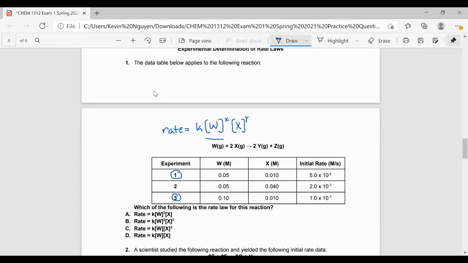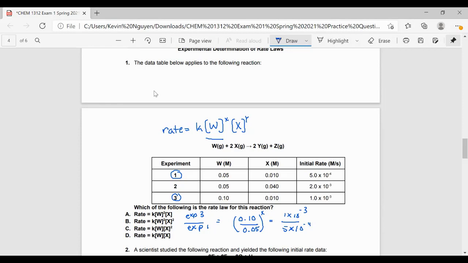It looks like it's going to be experiment 1 and experiment 3 for me. So we have experiment 3 over experiment 1, because the numbers will work out a little nicer. Basically we'll say 0.10 all over 0.05 to the x power is going to equal 1 times 10 to the -3 all over 5 times 10 to the -4.